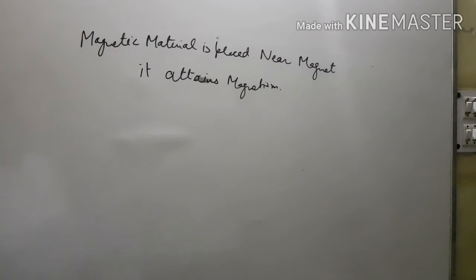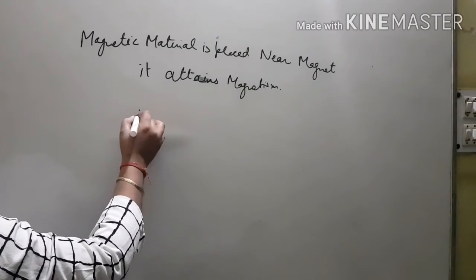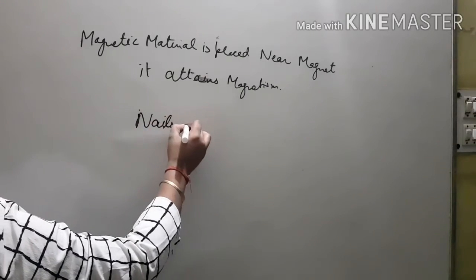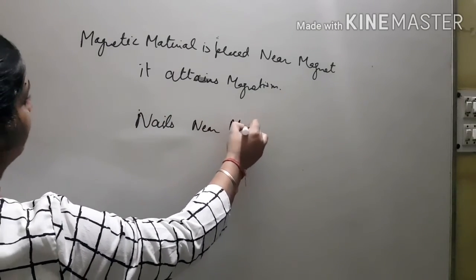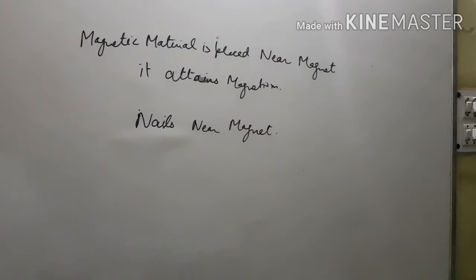Like iron, nickel, etc. also attain magnetism. For example, if we keep some nails near a magnet, then after some time they also behave as a magnet. It means they have attained the phenomenon of magnetism. Or if we keep some iron filings near the magnet, they also attain magnetism.